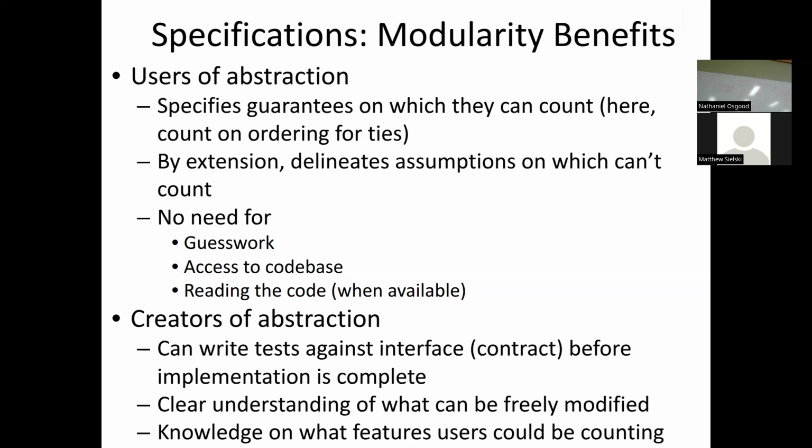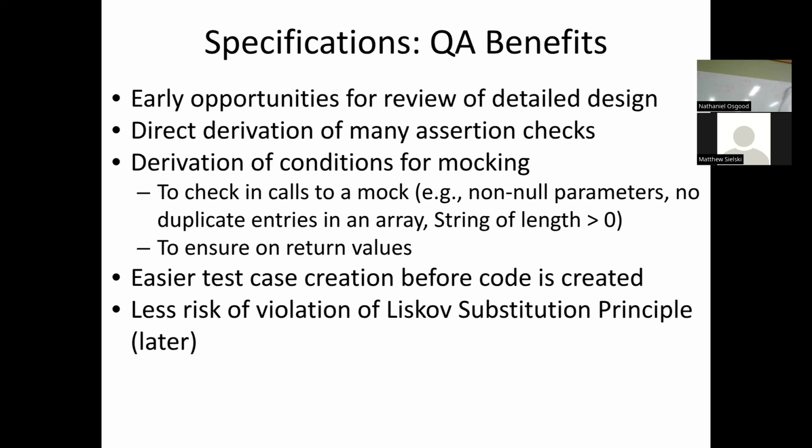Why does that not provide guarantees on which they can count? Yes, Connor with an E. Because they could change it. C can be changed. It's not enough to provide access to the code because the code can change. Does that ever happen? Enough said.